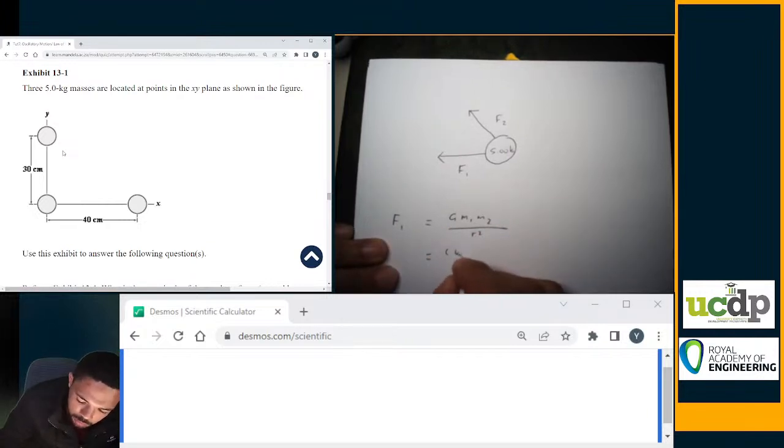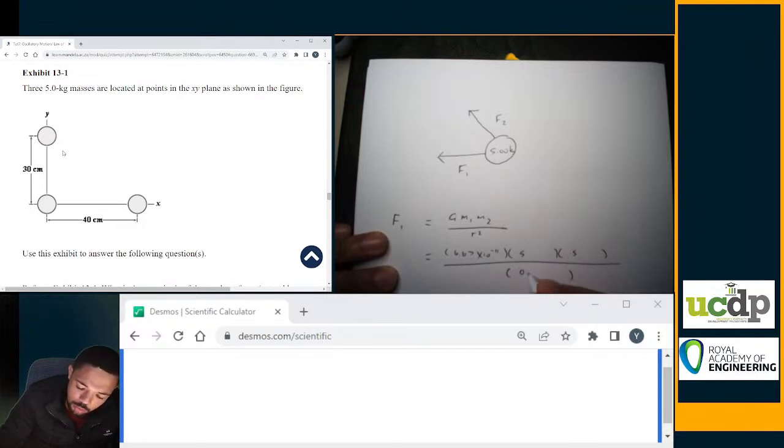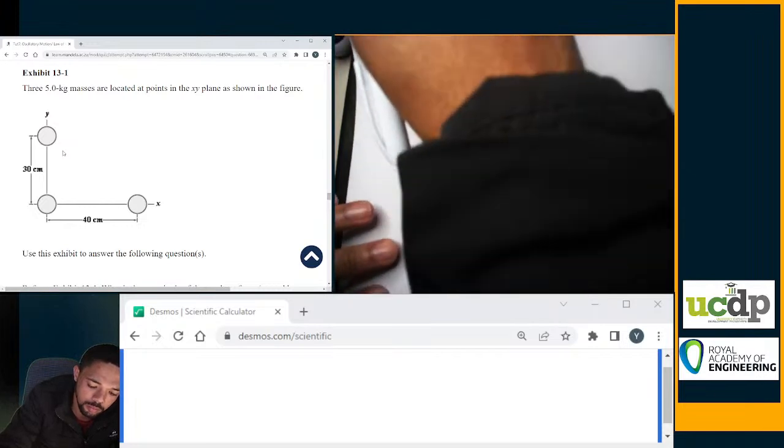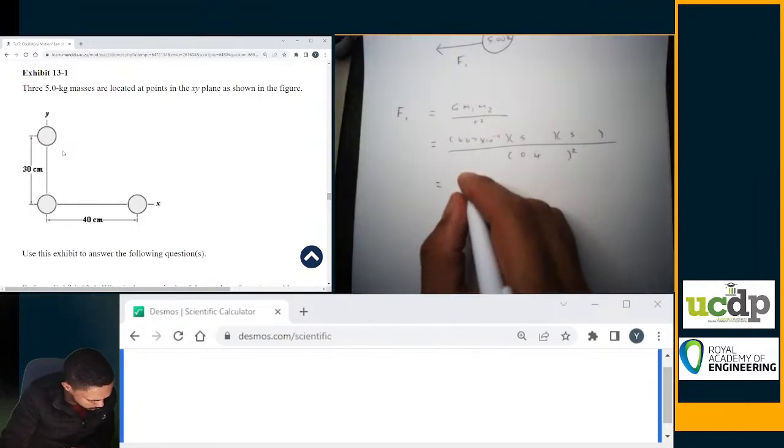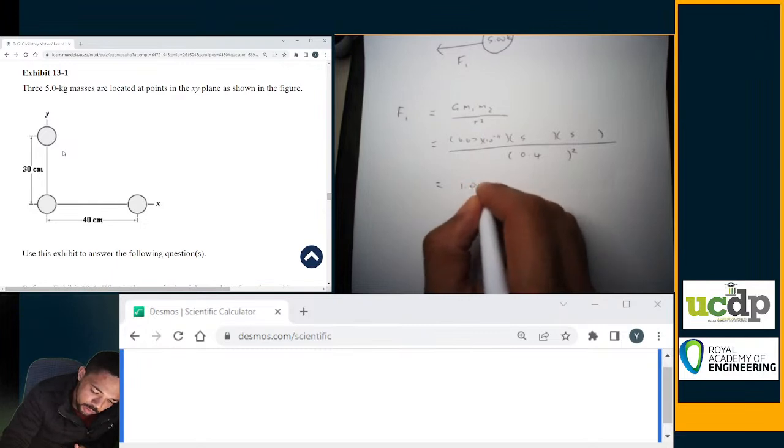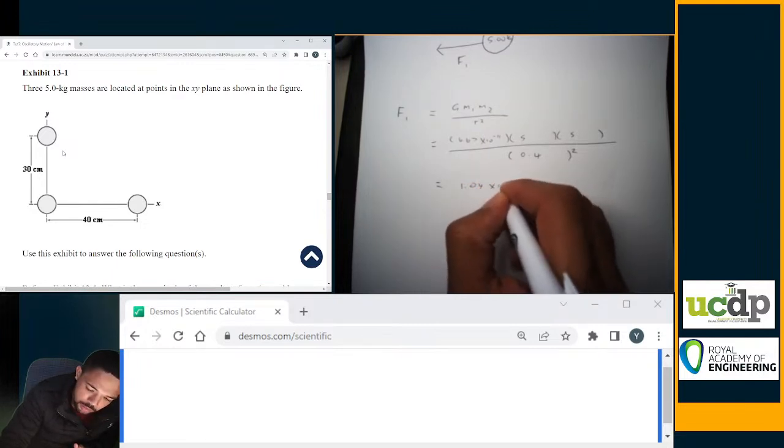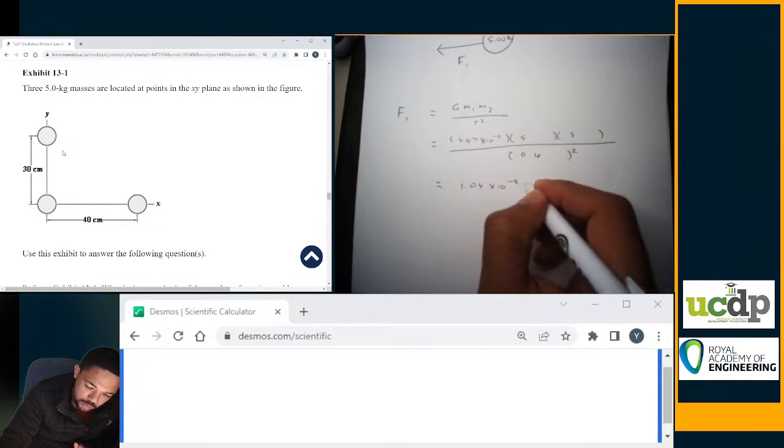G is equal to 6.67 times 10 to the negative 11 multiplied by the mass, 5 kilogram, times the mass of the other, 5 kilogram, and the distance between them for the force of F1 is 0.4 meters, and it should be squared. That gives us a force equal to 1.04 times 10 to the negative 8 newtons.